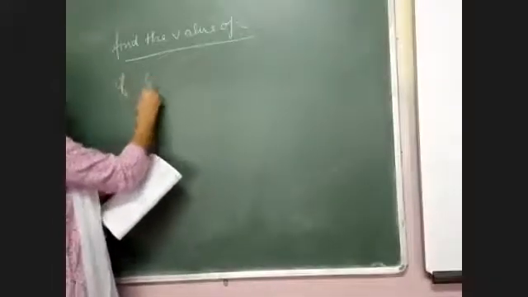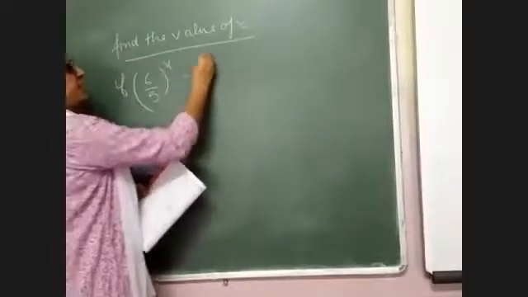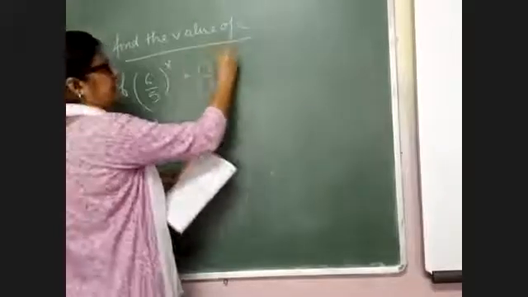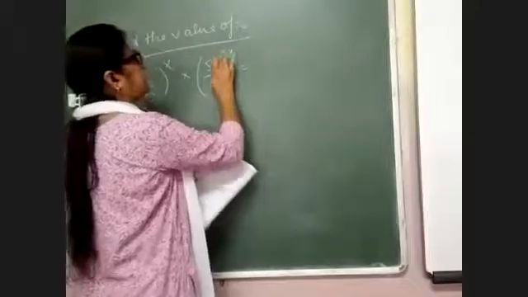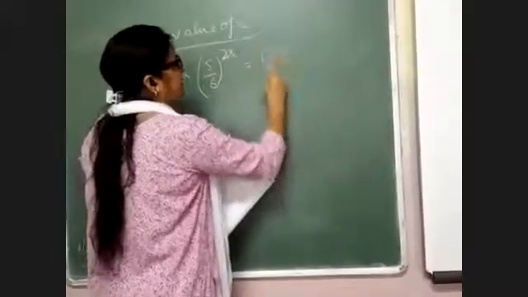The question given is: if 6 upon 5 raised to the power x, into 5 upon 6 raised to the power 3x, equals, here it is given 2x, 125 upon 216.